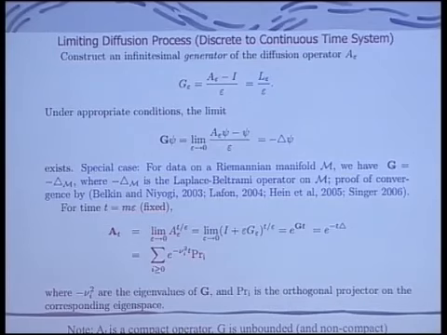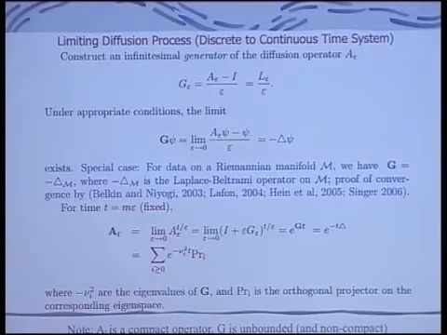So the population quantity we want to estimate is the limiting diffusion operator, and it's a very well-defined problem. This limiting diffusion operator is a bounded operator. Just to show you the difference, the generator, which in the special case is the Laplace-Beltrami operator on a manifold, is not a bounded operator.